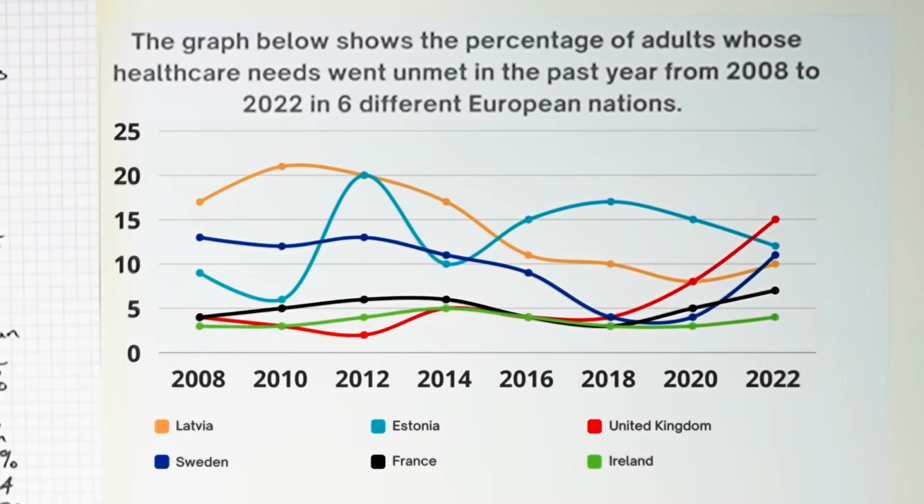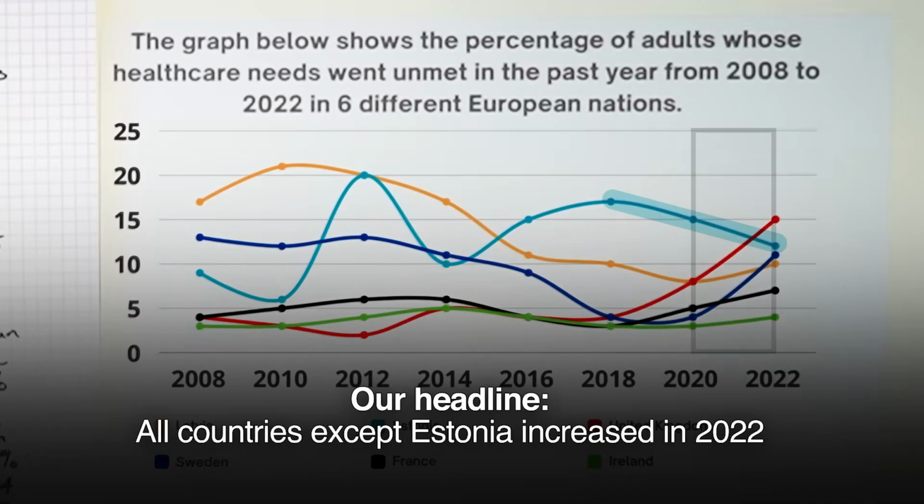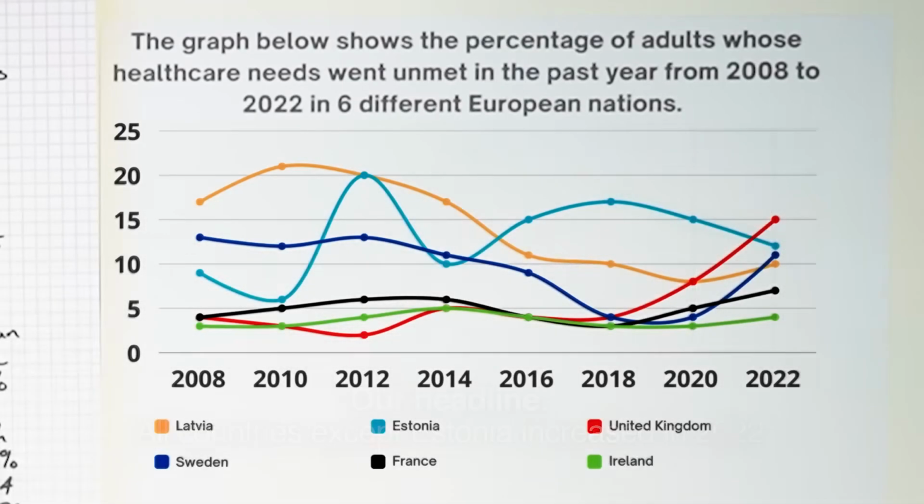So looking at the data, I think one of the most significant things is between 2020 and 2022, with the exception of one country, all increased. So this is a real chart from the Financial Times, and that is probably the headline. All countries except one, Estonia, increased in 2022. And then if we zoom out, take a 30,000 foot view, what else can we see about the data?